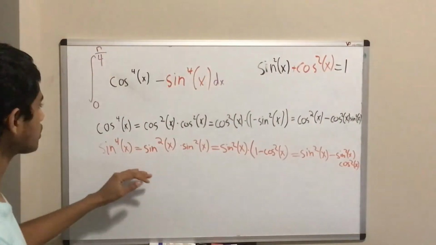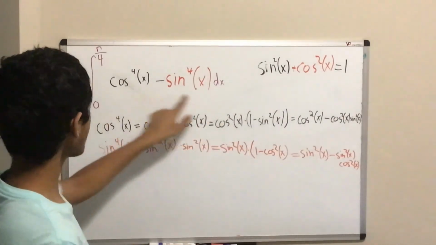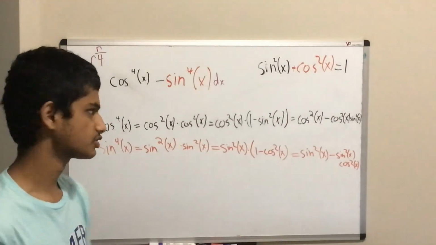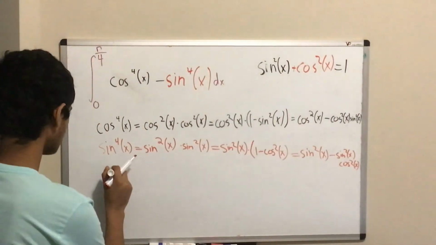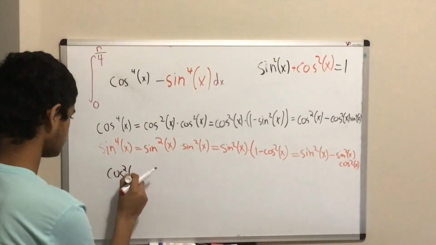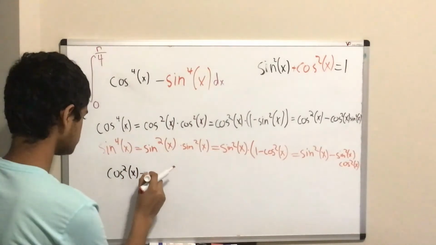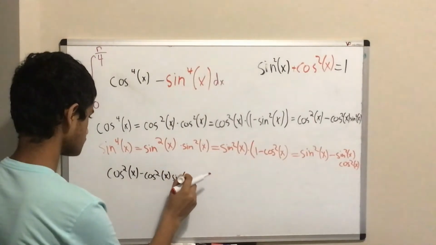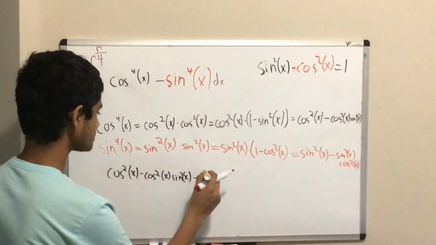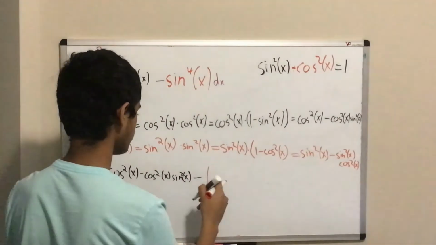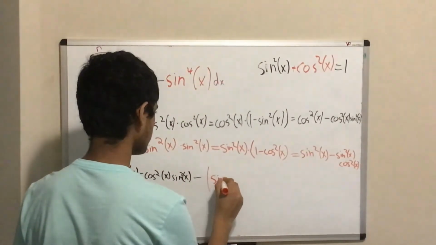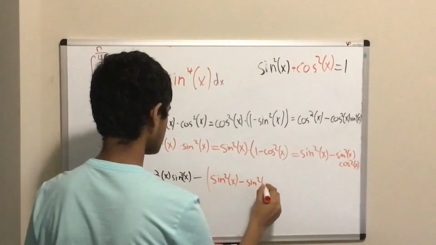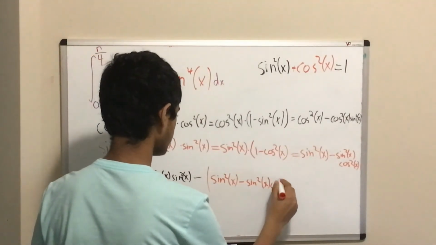Now we subtract this from that, because that's exactly what the integral is asking us to do. So I'm just going to write this here, minus, in parentheses, sine squared of x minus sine squared of x cosine squared of x.